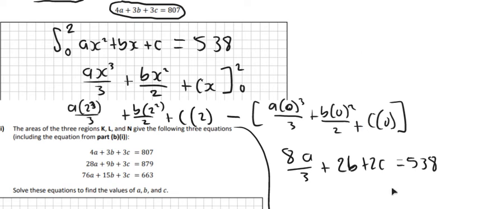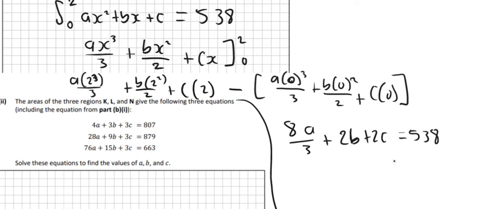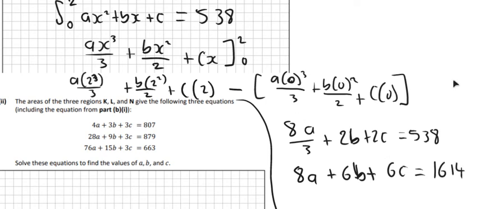Right, just to make things a little bit neater, I'm going to multiply across everything by 3, and it just takes out the denominator. So 8a plus 6b plus 6c equals, if we do 538 multiplied by 3, we should get 1614.